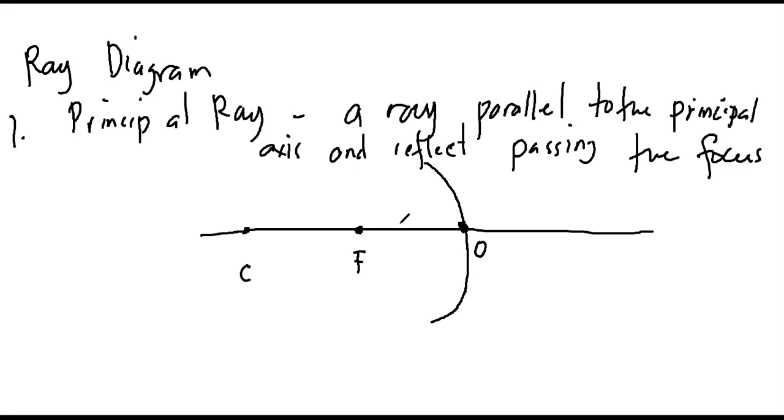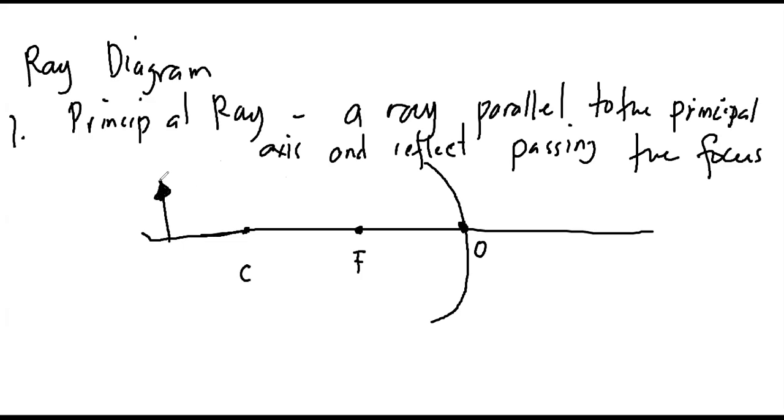So let's say, for example, we put our object right over here, which is farther than the center. You put an arrow, and the arrow symbolizes the object. Now, the first ray is a ray parallel to the principal axis and reflects passing the focus.